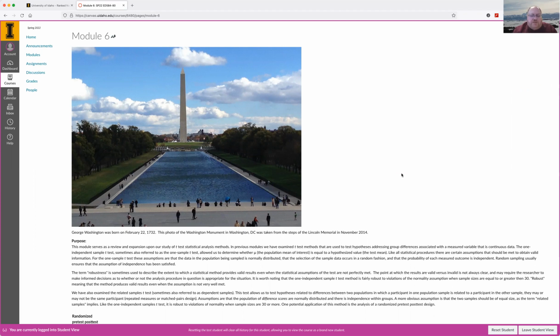For the one sample t-test, these assumptions are that the data in the population being sampled is normally distributed, that the selection of the sampled data occurs in a random fashion, and that the probability of each measured outcome is independent. Random sampling usually ensures that the assumption of independence has been satisfied.